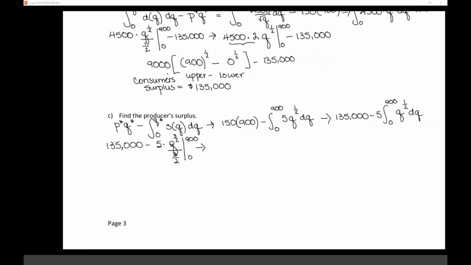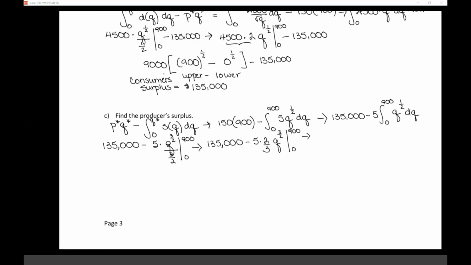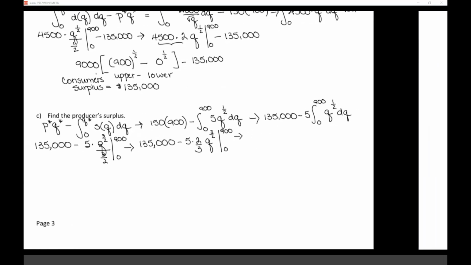Now I'm going to do a little algebra before I evaluate. So here's 135,000. Again, I'm making sure I don't lose that. Then this is minus 5, and instead of divide by 3/2, that's multiply by 2/3, Q to the 3/2 from 0 to 900.